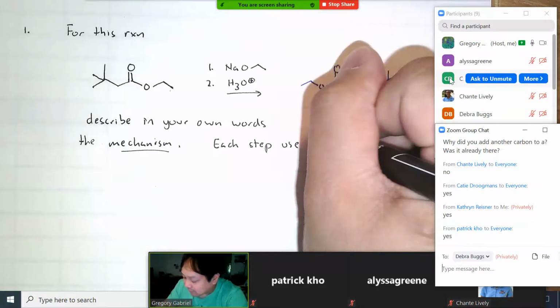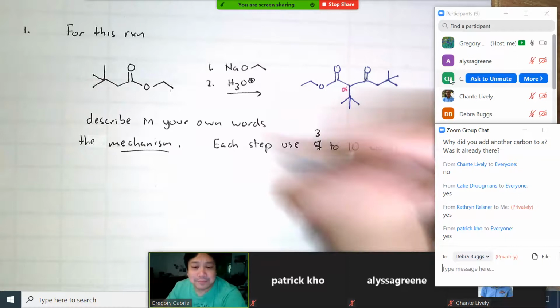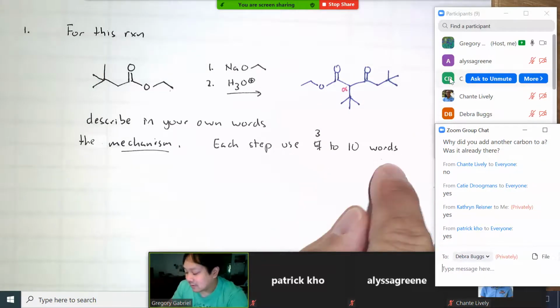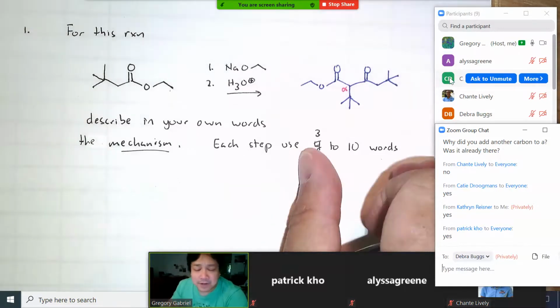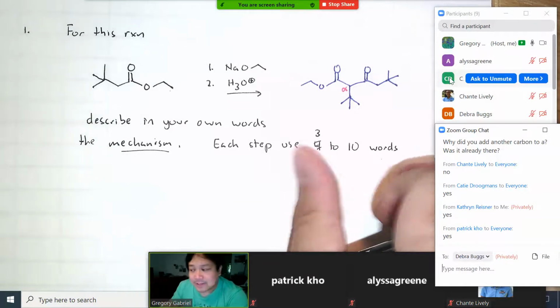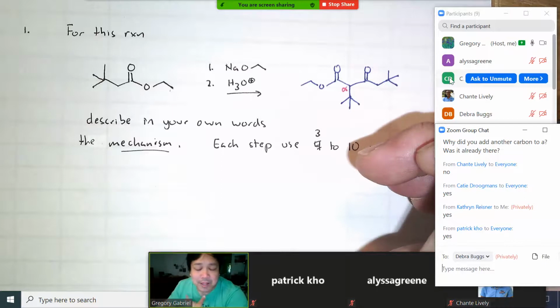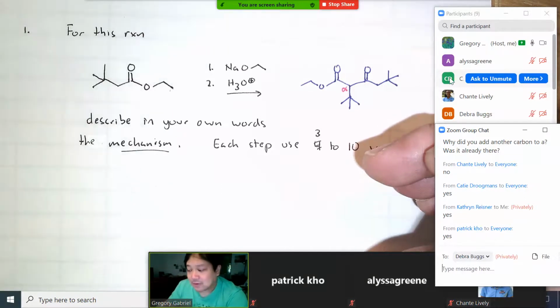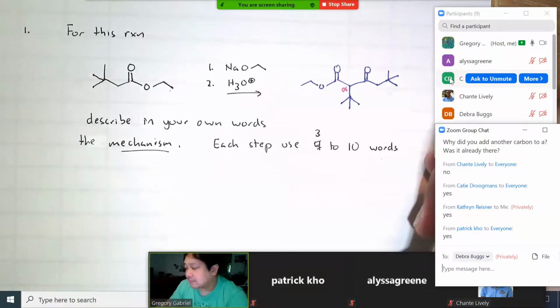Maybe you could do it even in 3. So if there's a deprotonation, that's only 1 word. So say something like deprotonate the alpha carbon. I'm only looking for a phrase or a sentence for each step. So if I see 8 lines of writing, you're telling me that there were 8 steps. Okay? So 1 line per step. Does that make sense?